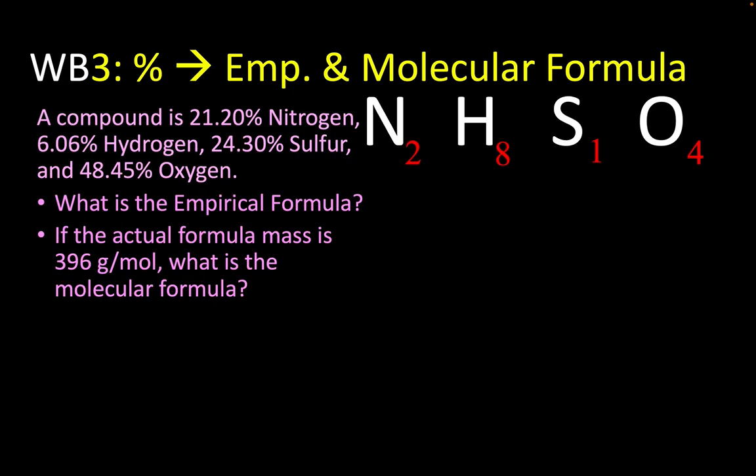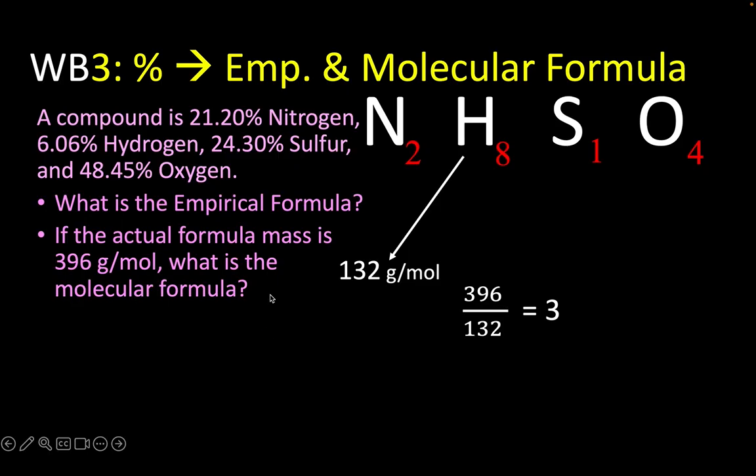Now, to find the actual molecular formula, you're going to compare the molar mass of this thing with the actual molar mass, and in this case you're given the actual molecular molar mass of 396. You find that your empirical formula mass, adding up 2 nitrogen, 8 hydrogen, 1 sulfur, and 4 oxygens, is 132. Well, the real thing is 396 grams per mole. Your empirical formula is 132, and this is always going to work out to a whole number.